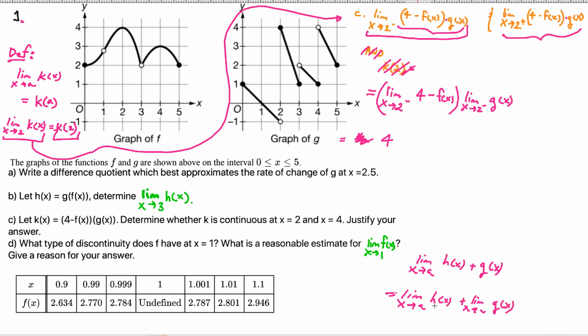You could always split it along a sum. Now up here, it would be the limit as x goes to 2 of 4 minus the limit, and along a subtraction as well, this can be split.